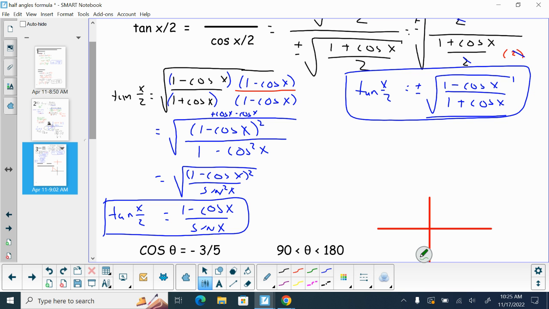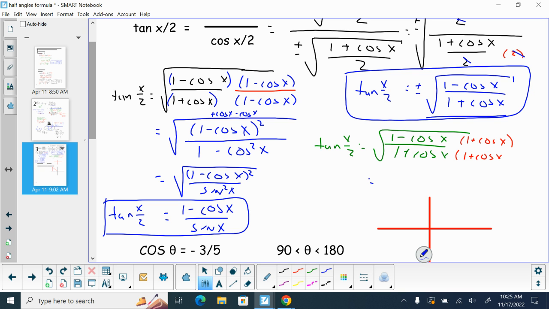My suggested one. We could also get a third formula by multiplying top and bottom by 1 plus cosine x. I'm not going to go through the full derivation because it's going to look very similar to this.